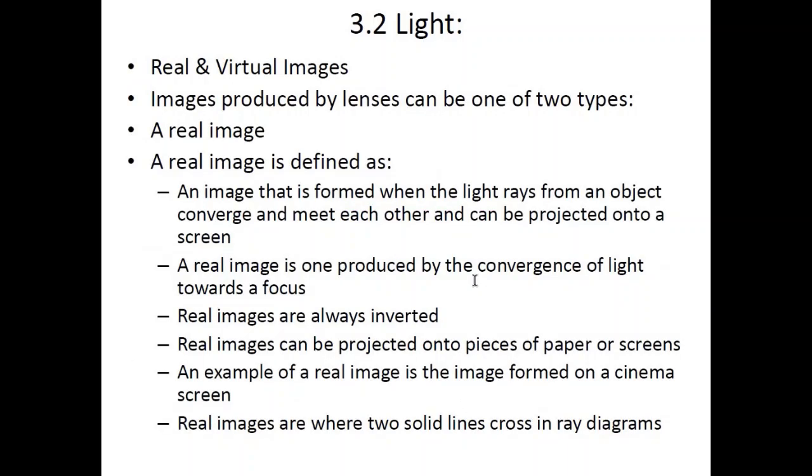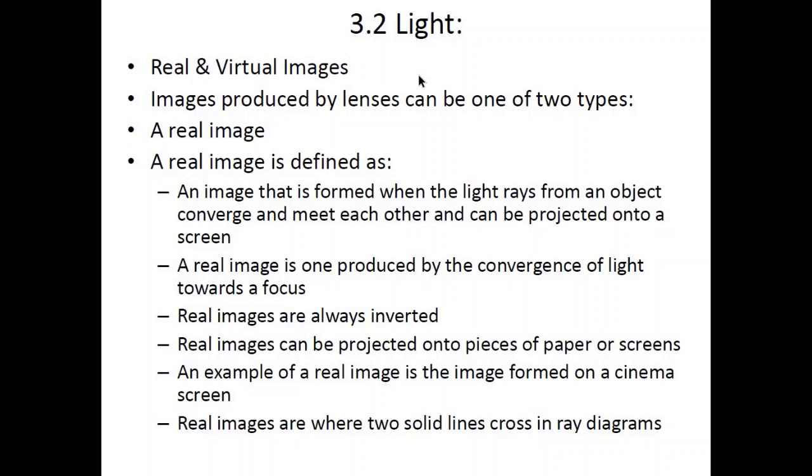Now there are two types of images that are formed by a lens: a real image and a virtual image. A real image is formed when light rays converge and meet each other, and this can be projected onto a screen.